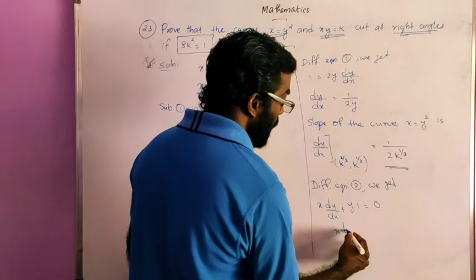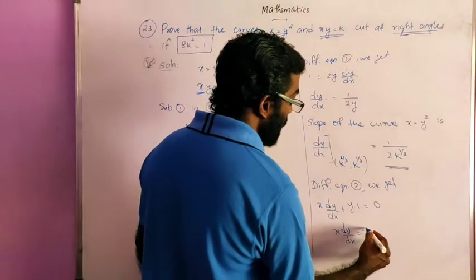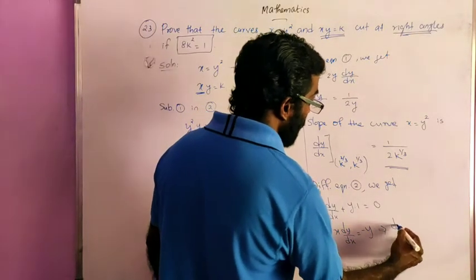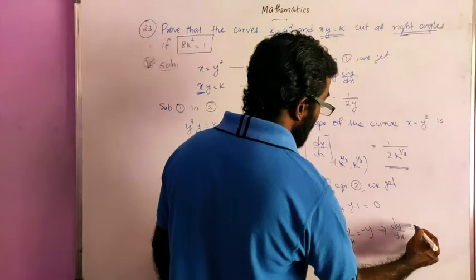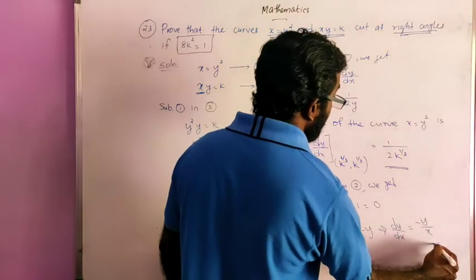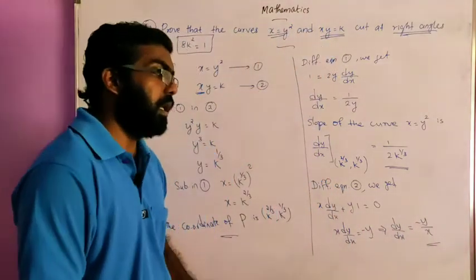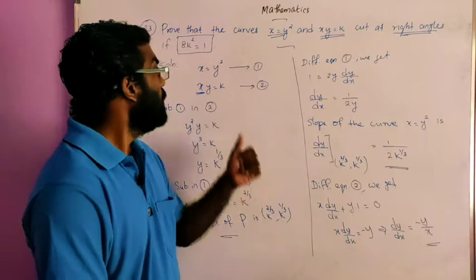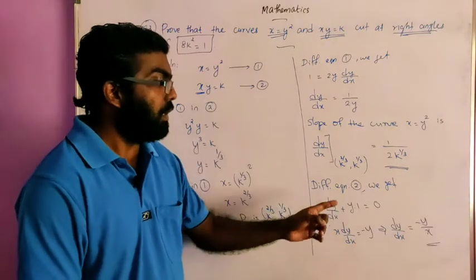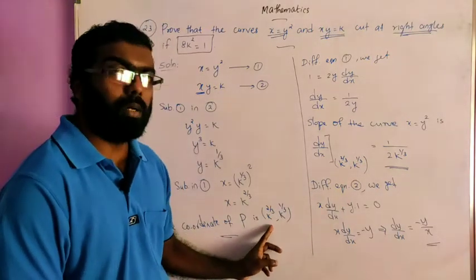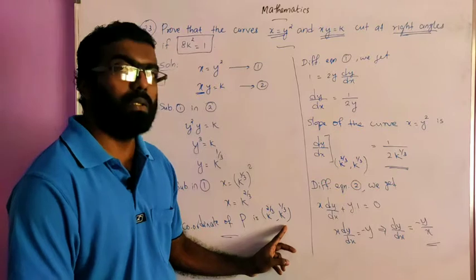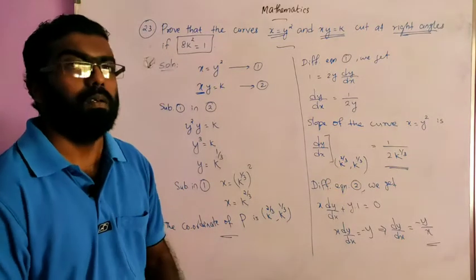And x dy by dx is equal to minus y, which implies dy by dx is equal to minus y by x. Here also we can find the slope of the curve xy is equal to k by putting x equal to k raised to 2 by 3 and y is equal to k raised to 1 by 3. Okay.